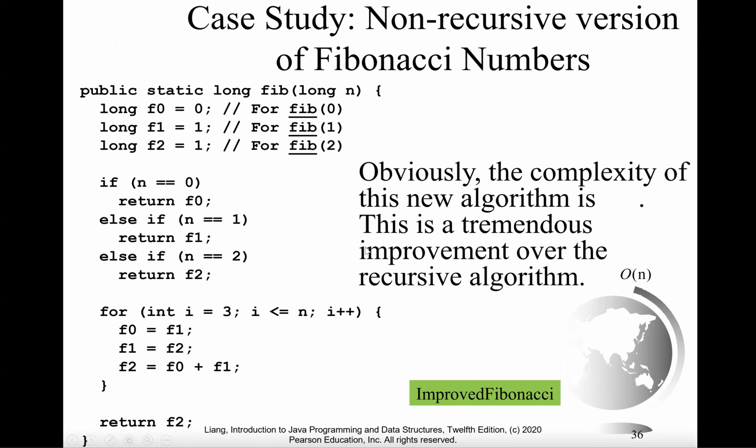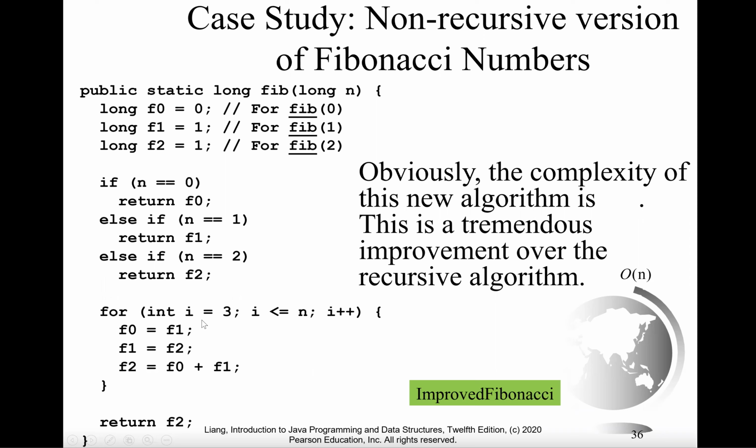Let's write the code. Here we have F0 initially 0, F1 initially 1, F2 initially 1, that is F0 plus F1. And look at this n. If n is 0, return F0, n is 1, return F1, n is 2, return F2.